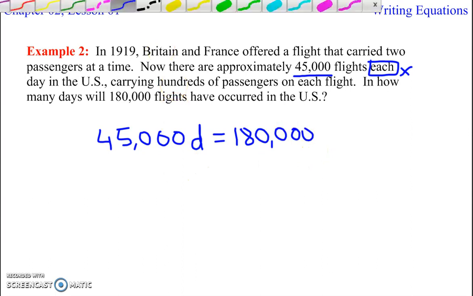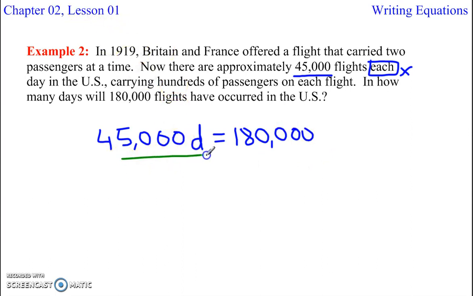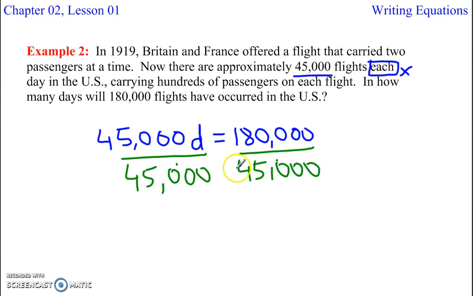Well, in order to solve this, I would have to divide each side by the number of days. Nope, I'm wanting to know the days, so I have to divide each side by 45,000, the number of flights. And that is a grand total of 4 days.